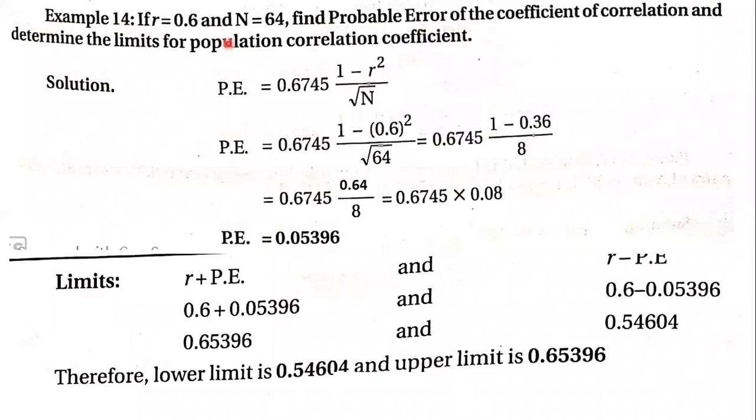There is a formula already defined for probable error, that is PE is equal to 0.6745 into (1 minus R square) by square root of capital N. Don't use small n here, it should be square root of capital N.